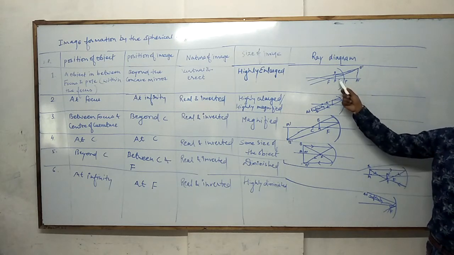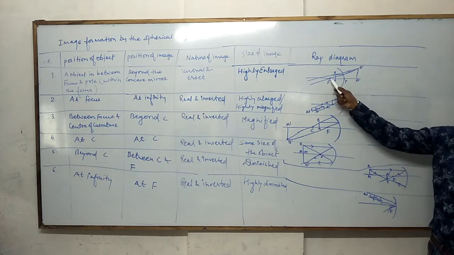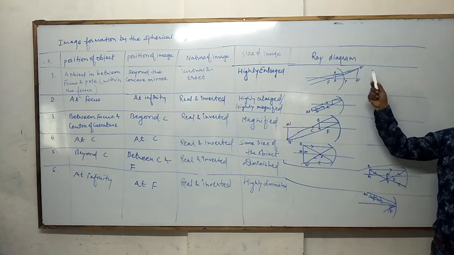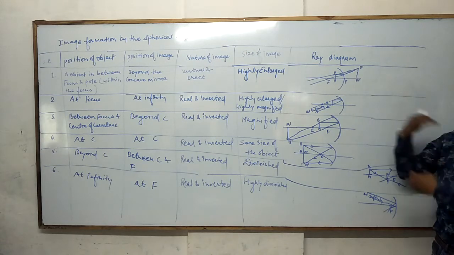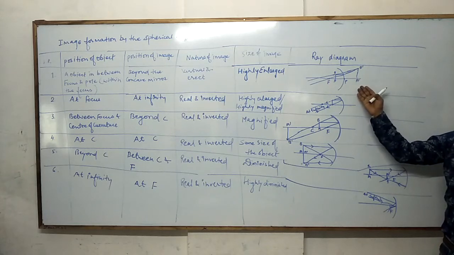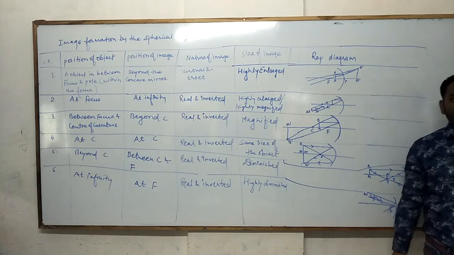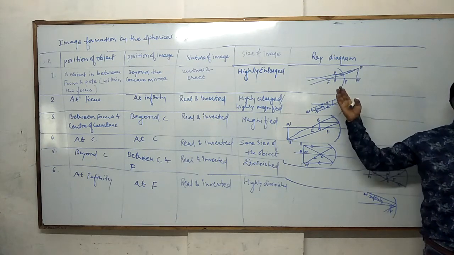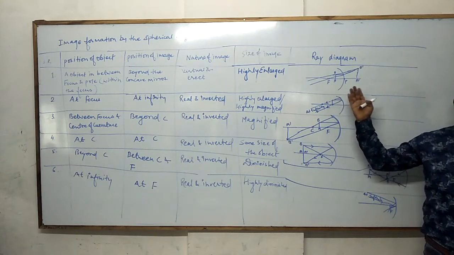When we keep A and B between the pole and F, the image formed is virtual and erect, just behind the mirror. That's why dentists use a concave mirror to see small teeth in the dentist mirror.